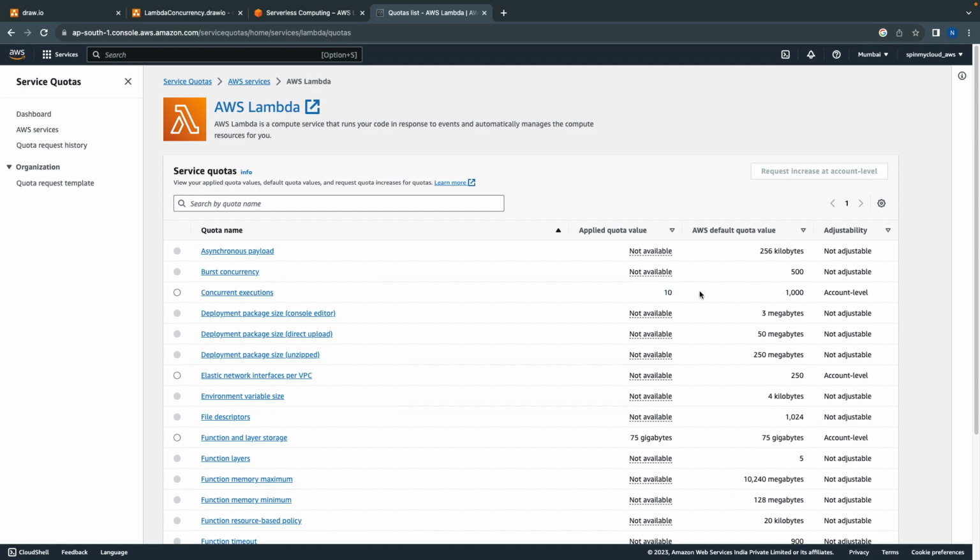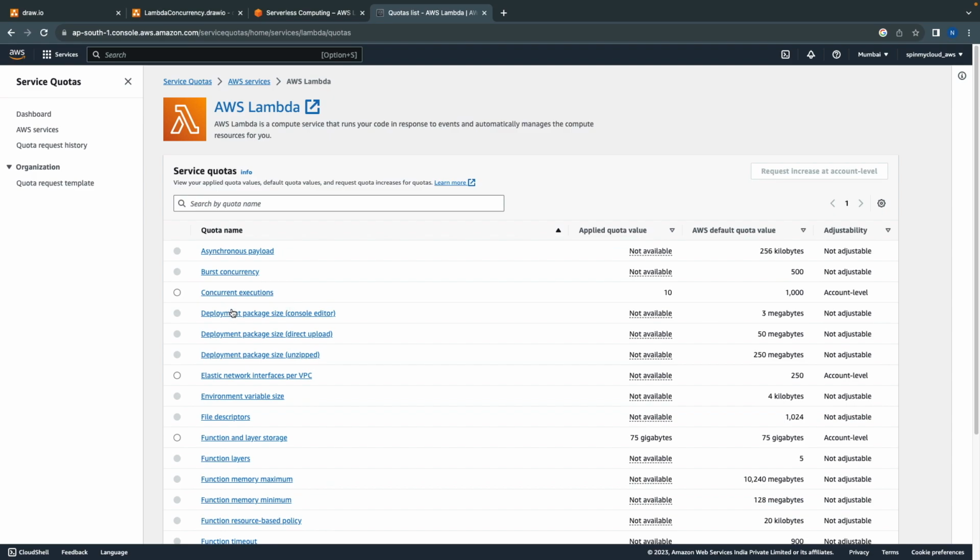This could save cost. Maybe this is not a production-scale account, so for safety reasons, the applied quota level is set as 10. If I have to change this, then I think I have to raise a request with AWS to apply a new quota level for this.